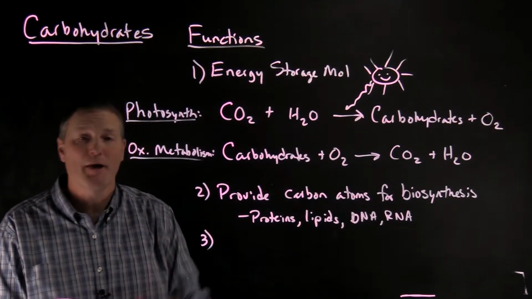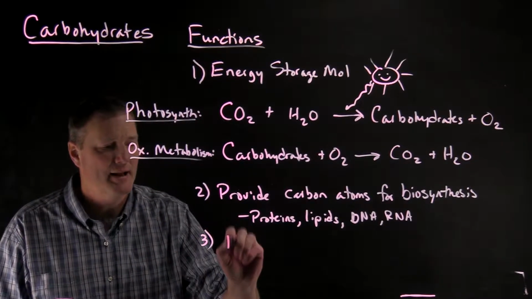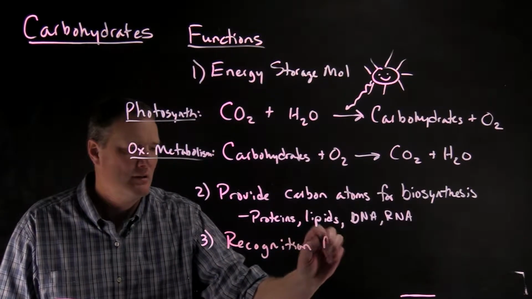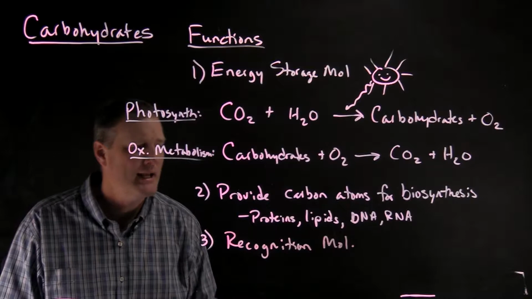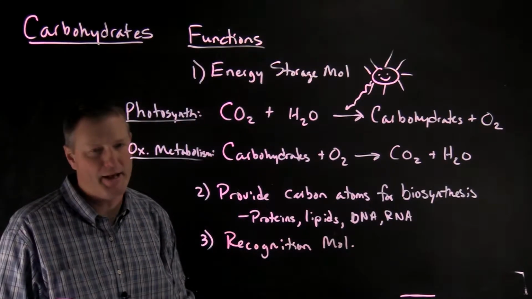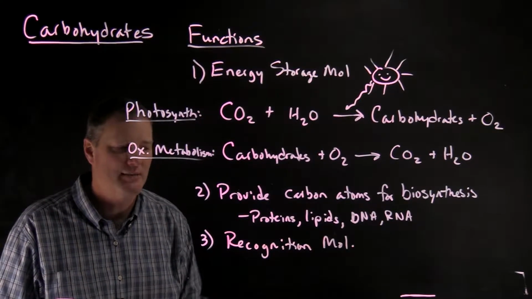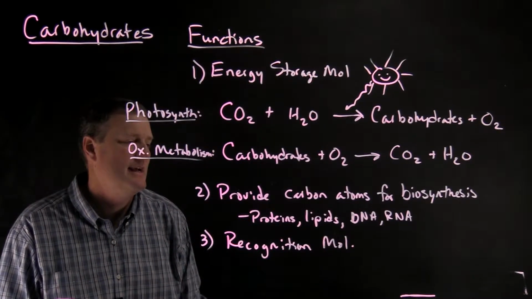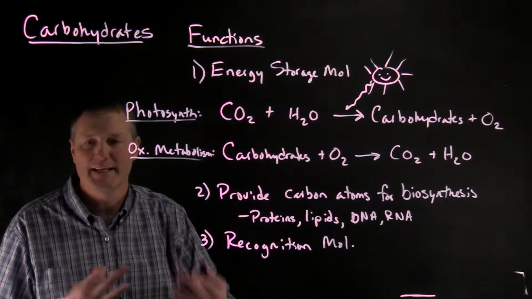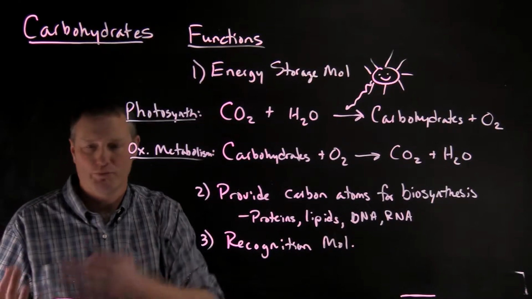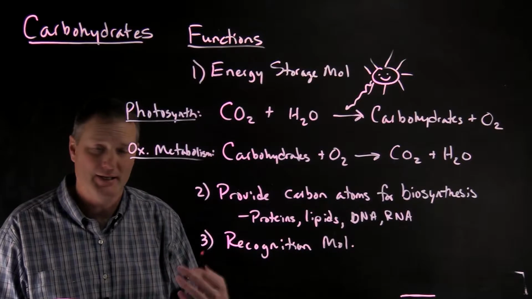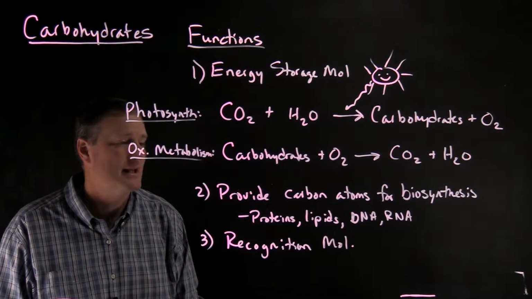And then lastly, carbohydrates can serve as recognition molecules. So when I say recognition molecules, what I mean is that oftentimes cells will have coatings of different types of sugars that allow our bodies to sort of identify which organs maybe cells belong to, or if in fact we have an invading cell.